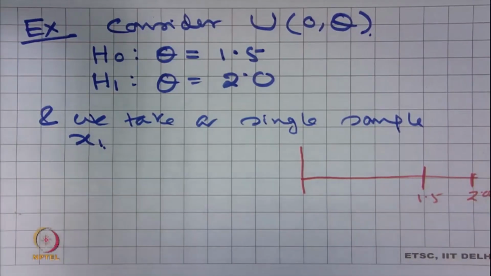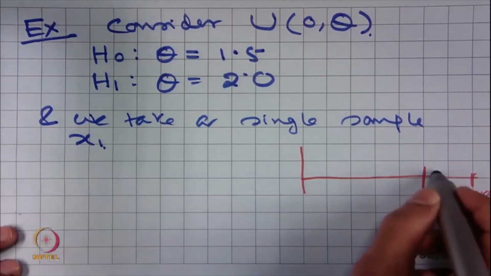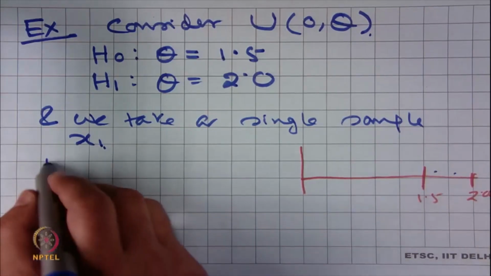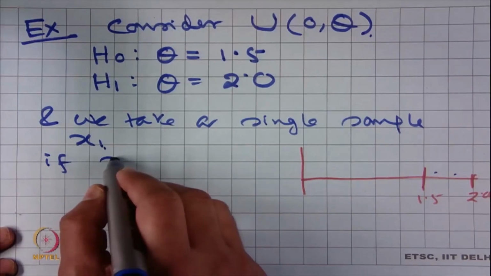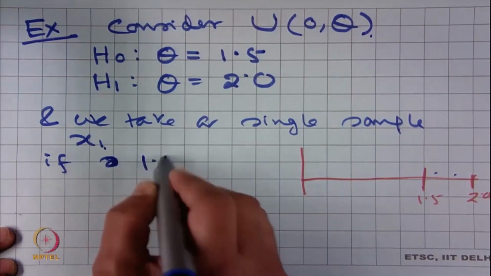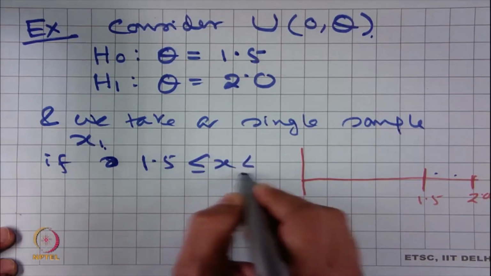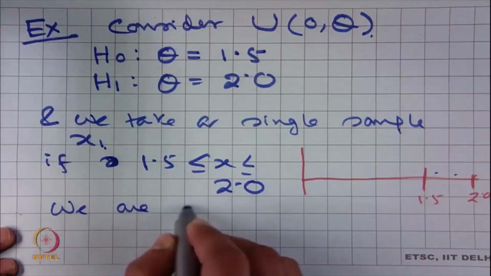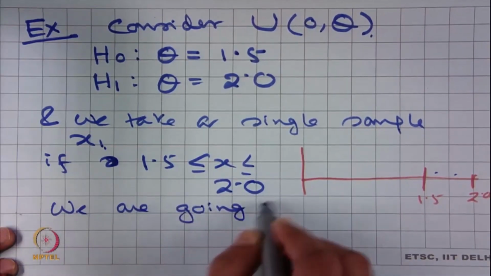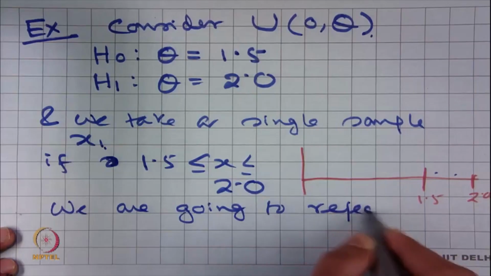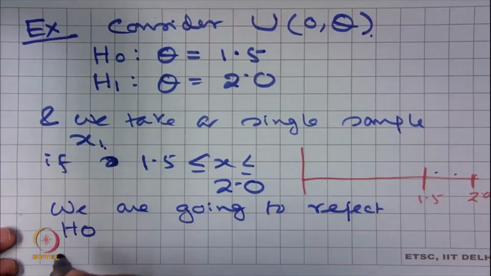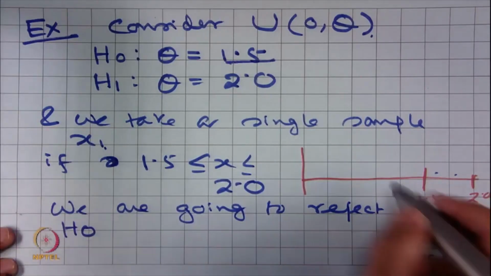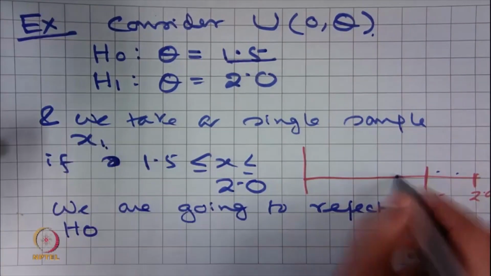Obviously, if the sample falls in the interval 1.5 to 2.0, we are going to reject H naught, because under H naught the theta is 1.5. But what about some value, say 1?